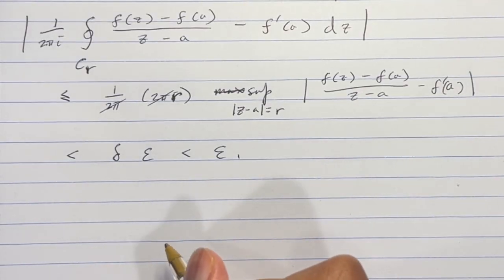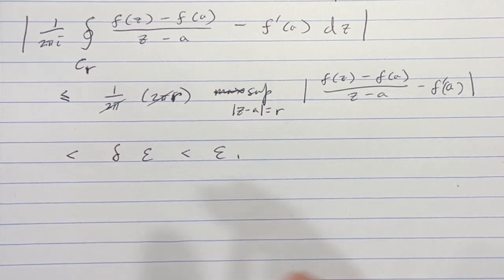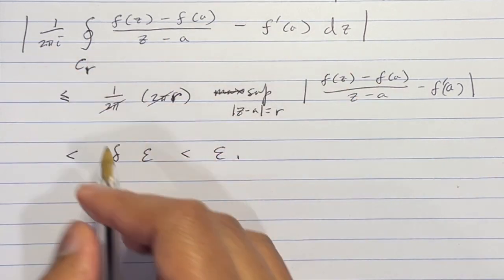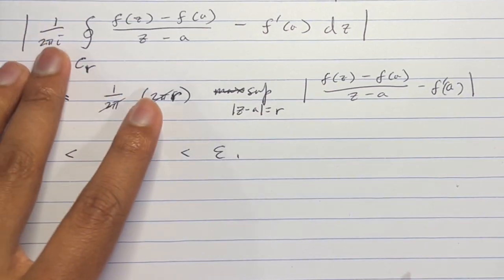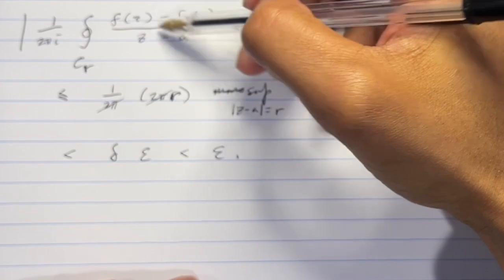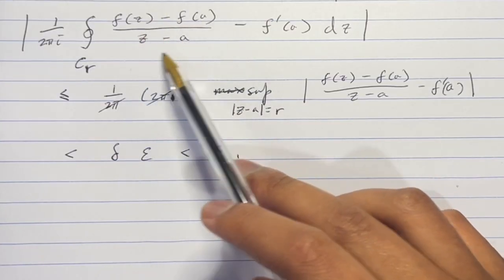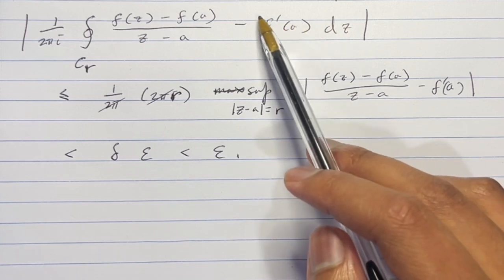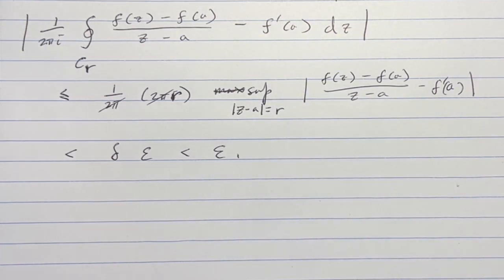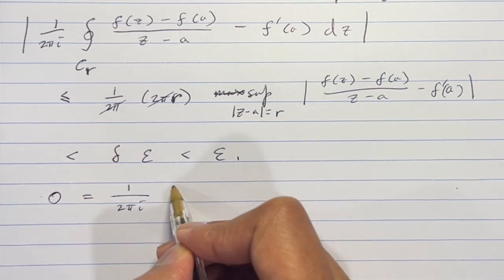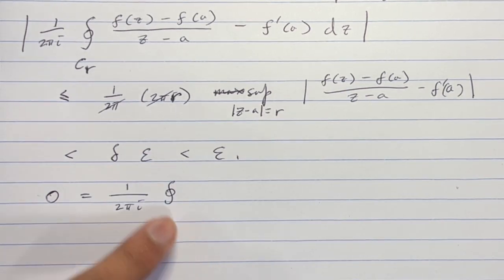And so finally, we're really almost done. What we have is that this whole thing is 0. So let's write that out, and split this up into the different pieces. We have one piece, f over z minus a, another piece, minus f of a over z minus a, and then this piece, f prime of a. That means 0 is equal to the integral.